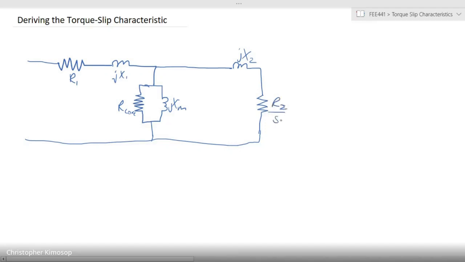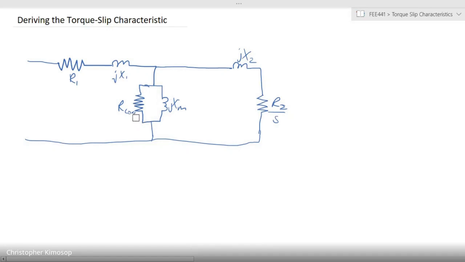Okay. Now, in order for us to look into the torque characteristics, I will do something here that simplifies the circuit slightly. So the core losses, it is customary for us to assume that they have been transferred across to the stator side and lumped together with the windage and friction losses.